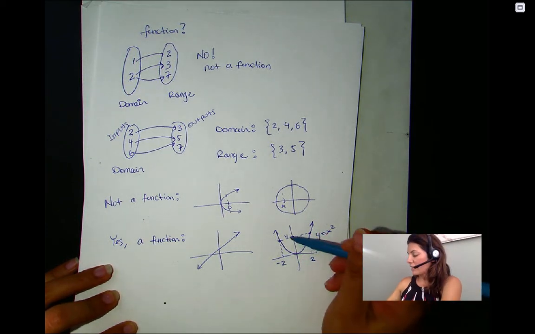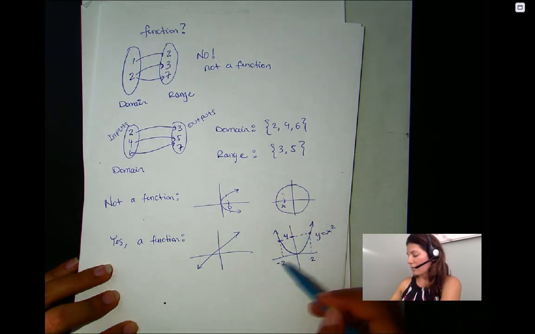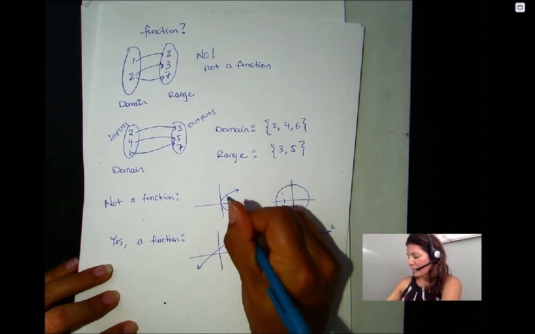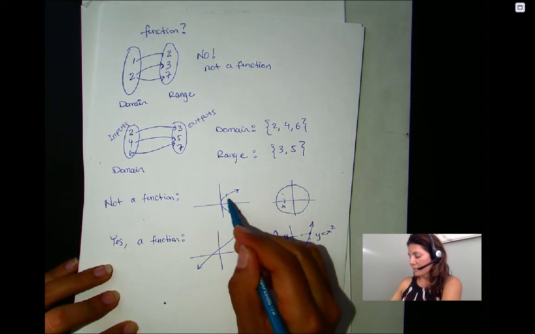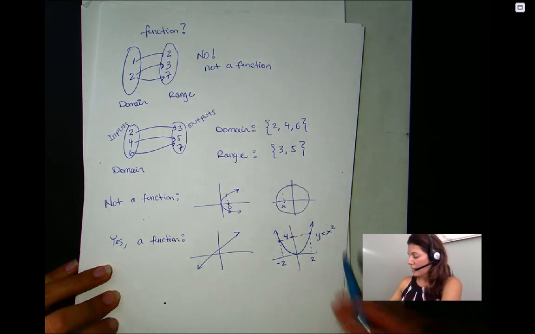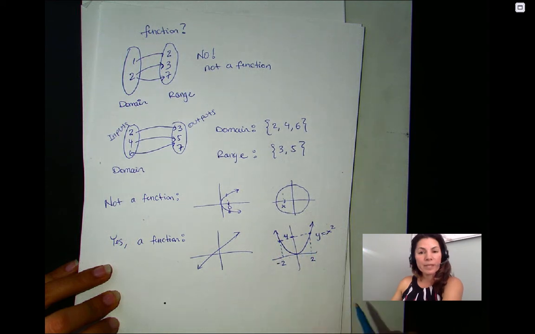So having a range value repeated is okay, but you cannot repeat a domain value. This one has a domain value that gets repeated, whereas in this one the range value gets repeated, and that's okay. A function is where every input has exactly one output.